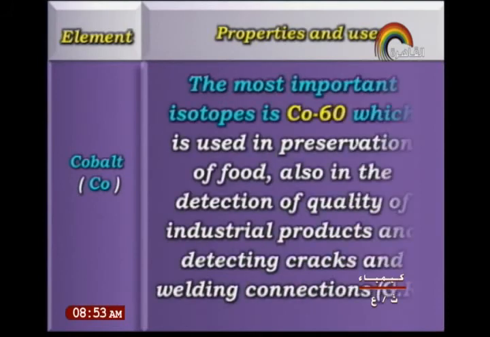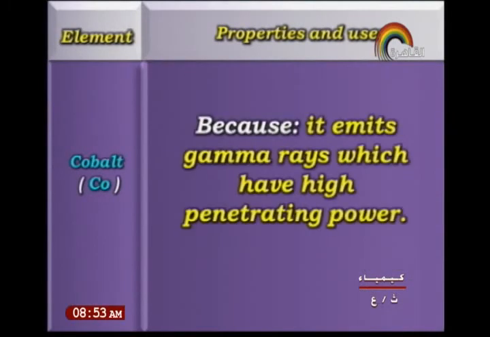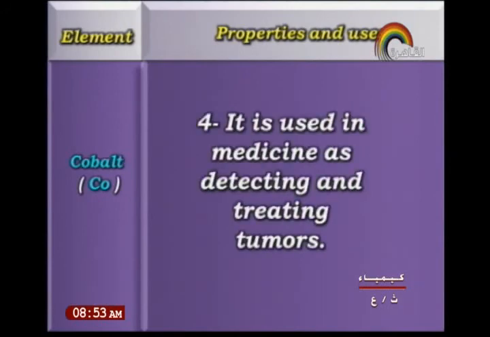The most important isotope is cobalt-60, which is used in the preservation of food, also in the detection of quality of industrial products and detecting cracks in welding connections. The reason for that is because it emits gamma rays which have high penetrating power. Also, cobalt radiation is used in medicine for detecting and treating tumors.